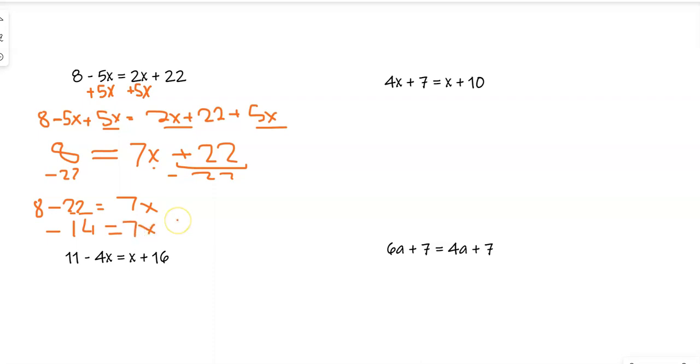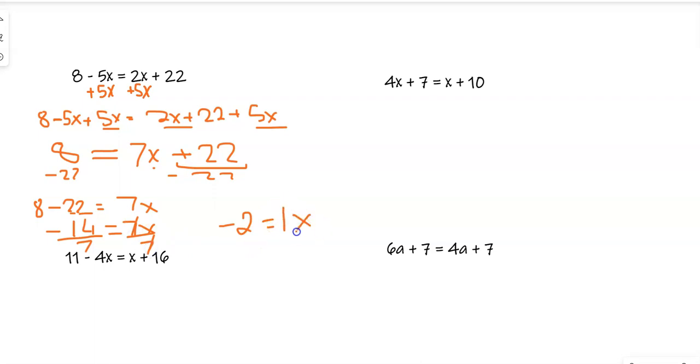Now we want to isolate only one x, which means we're going to divide it into 7 groups, and each group is going to be 1x. We have to do on the left side the same thing, divide it into 7 groups. So now we have negative 14 divided by 7 is negative 2, and on the other side 7 divided by 7 is 1.